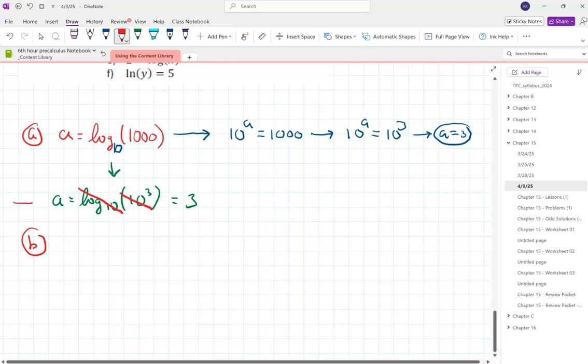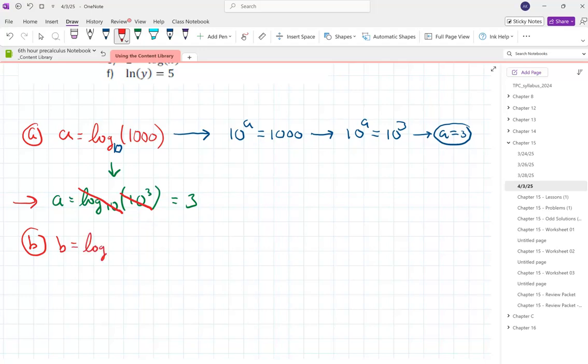So this is the way that we're gonna do the rest of these. So again, first things first, what is the base on this logarithm? 10.